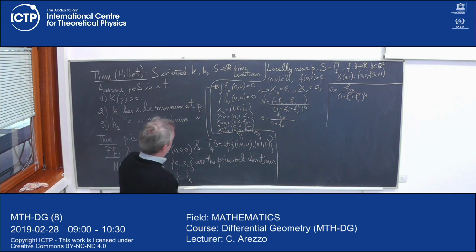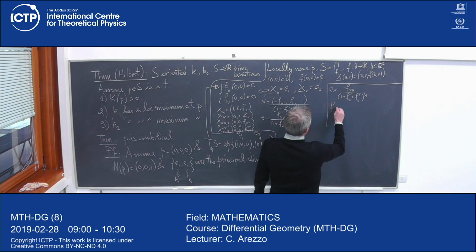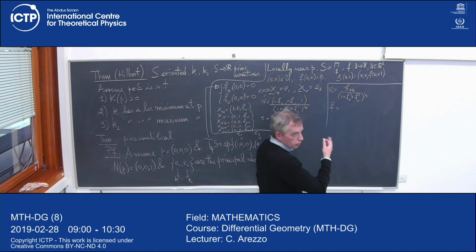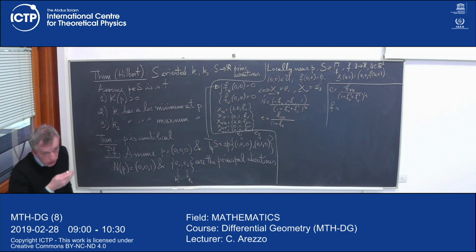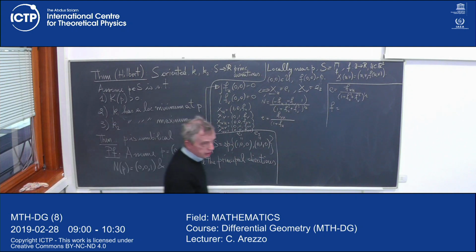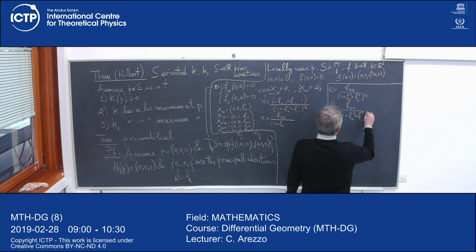What is little f? Well, now it's all the same, of course. We just have, oh, of course, no clash in notation. This little f is not the function f. It's the coefficient of the second fundamental form of the diagonal. So it's fuv over (1 + fu² + fv²)^(1/2).